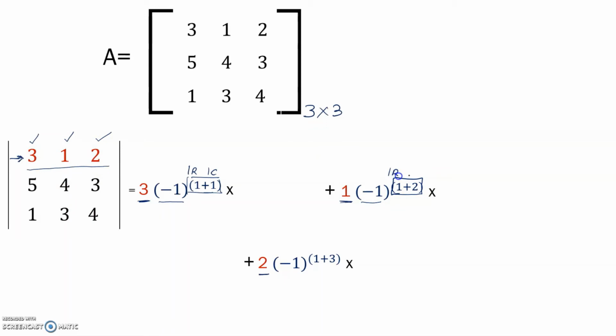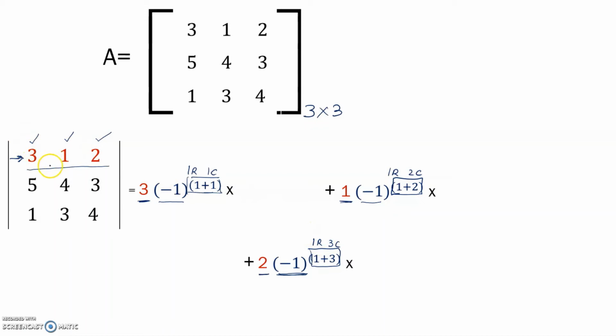Let's look at the last number, 2. It is multiplied by (-1) to the power 1 plus 3. Why 1 plus 3? First row, third column, right? First row, third column.